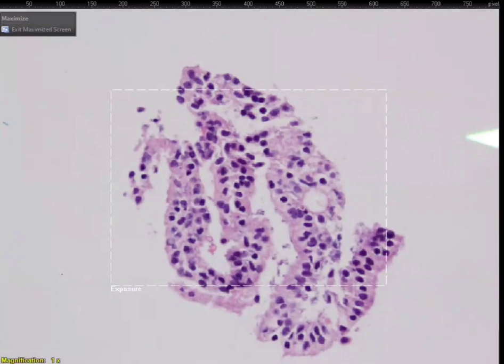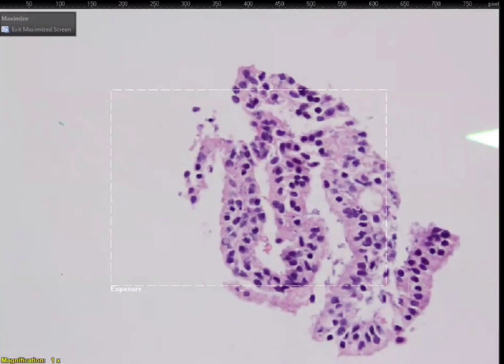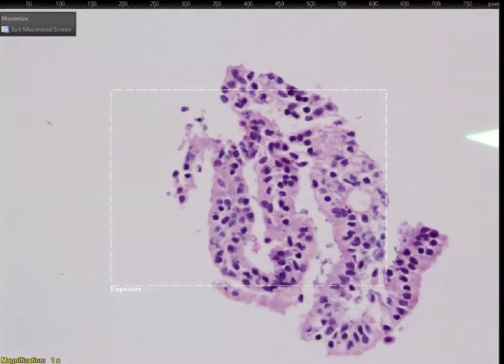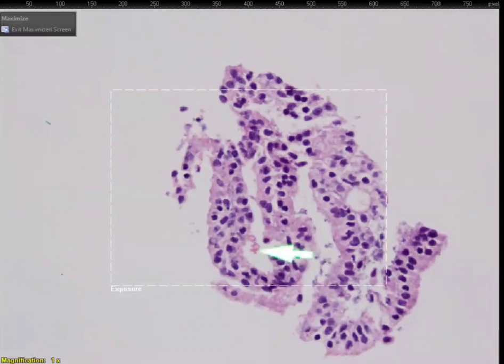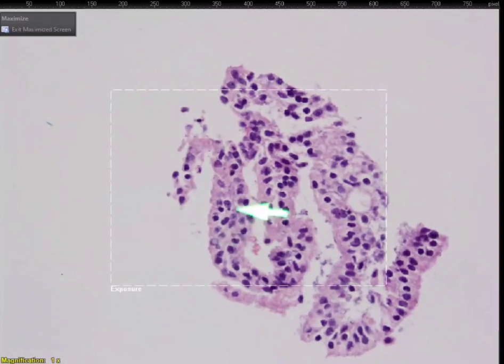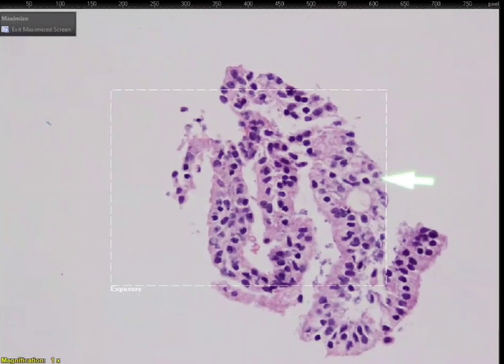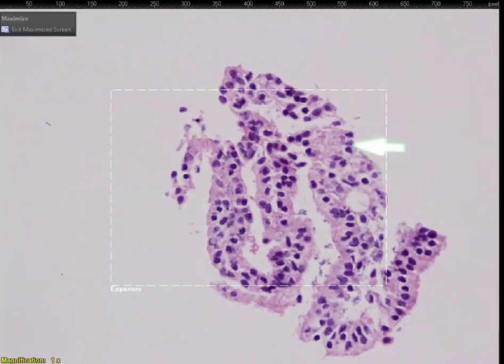Is it the monitor thing? Here, this one has very clear nuclei. I see intranuclear almost inclusion. Small nucleoli here, I can see. The cytoplasm, would you guys say it has abundant cytoplasm? Yes, it looks pretty abundant.